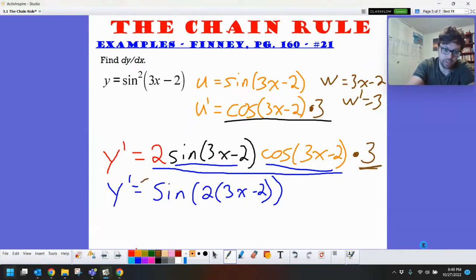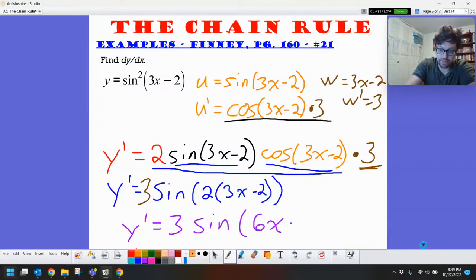Remember? So we get a little 3 there. So this could be written a little bit simpler, but we're not in the simplification game, as sine of 6x minus 4. The Finney textbook in the back does this. It's mainly to prep for BC calculus, which really needs this idea. But in terms of AB calculus, you don't need to do a lot of the trig identities.